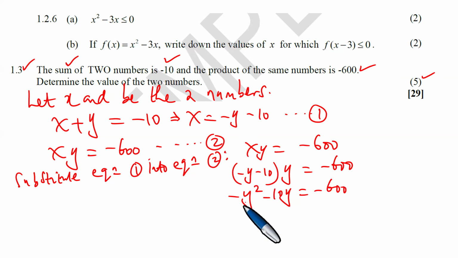You transpose these to the other side, giving us y squared plus 10y minus 600 equals 0.